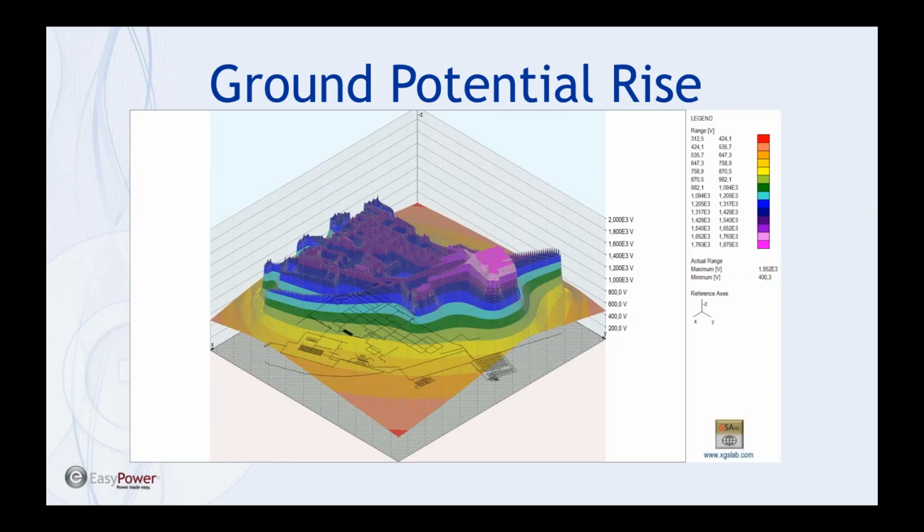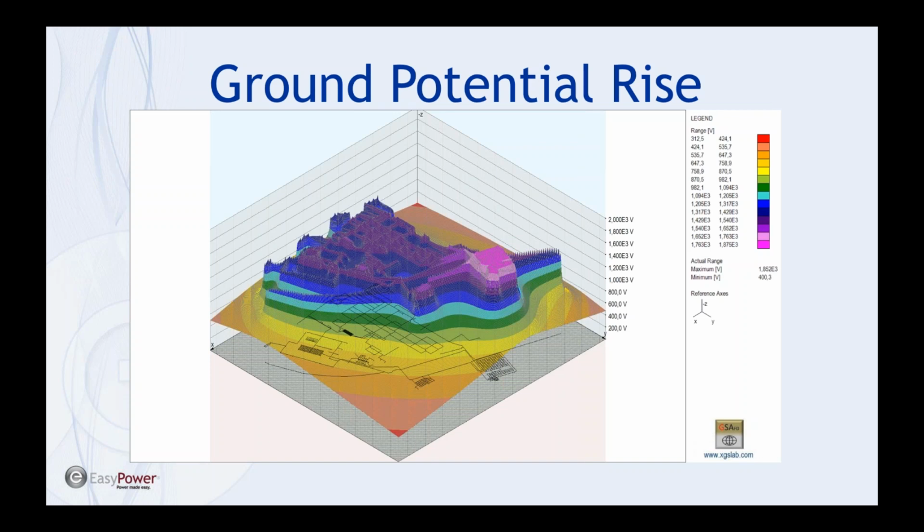For a quick visual representation of ground potential rise, we show a large grid. You can see underneath this topographical overlay, we have some ground conductors shown. These are just the below grade grid conductors that are connecting everything together. And then on the top, the topographical overlay shows the variation in ground potential rise throughout this area.